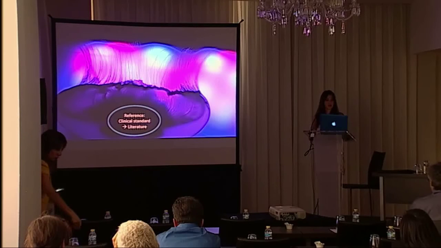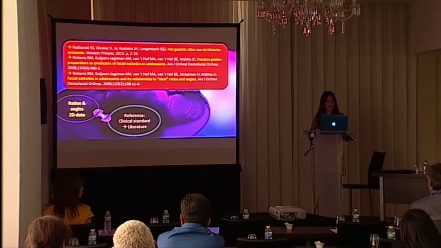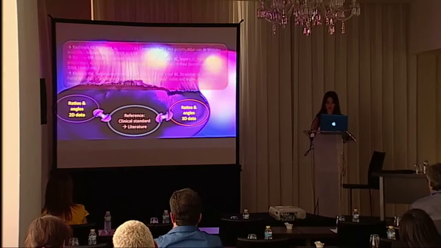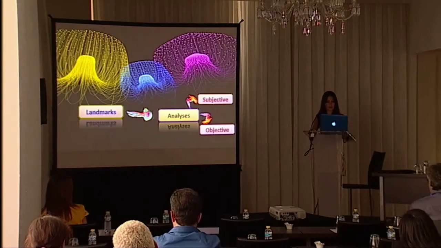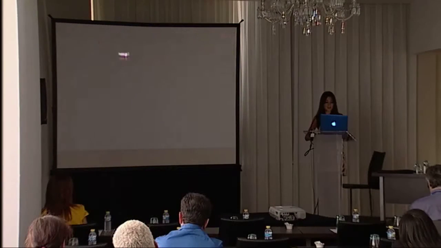We took a reference, which is clinical anthropometric measurements out of the literature, and we compared our 2D and 3D data to it. So I've quickly covered the objective part. I will talk to you about the subjective one.